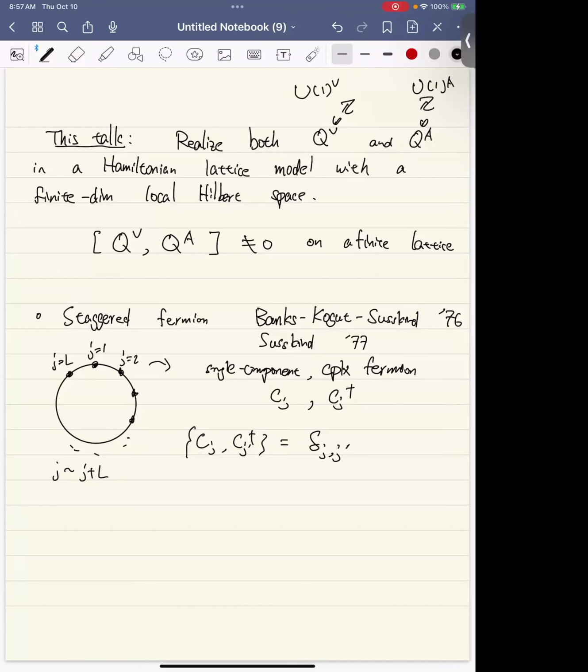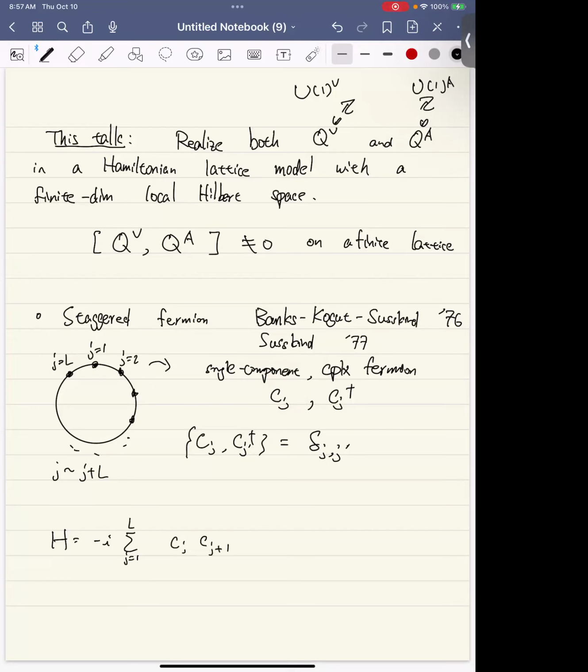Okay. Now what's the Hamiltonian? Well, at this point, you might be wondering that if the goal is to realize the Dirac fermion in the low energy, the Dirac fermion has two components in the continuum limit. But my c_j only has one component at every site. So we seem to be off by a factor of 1/2. The reason for that will become clear. The simplest Hamiltonian you can think about is the nearest neighbor interaction.